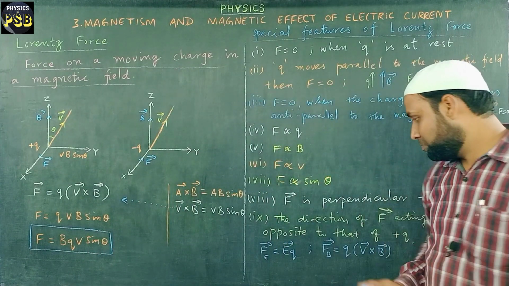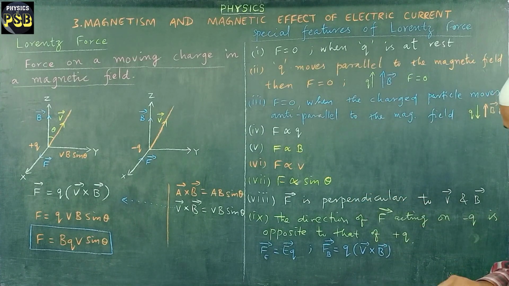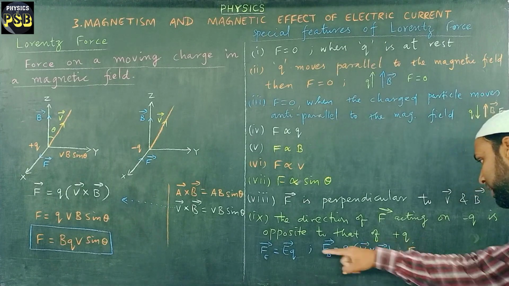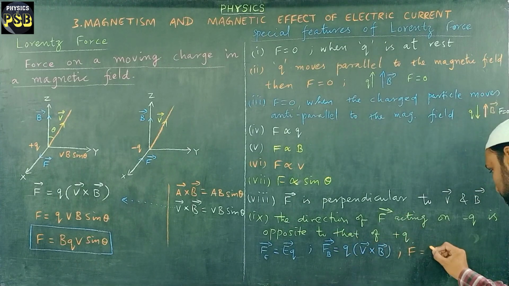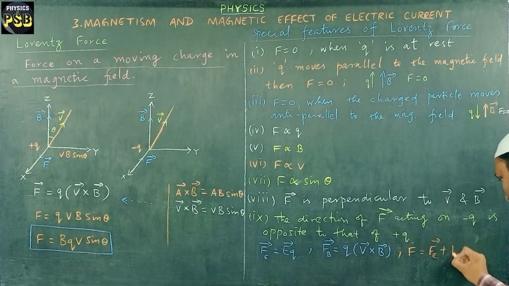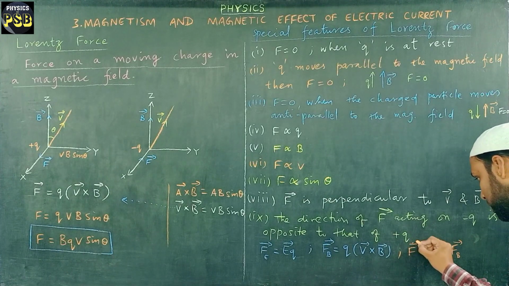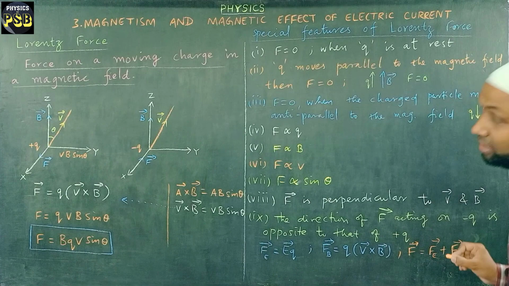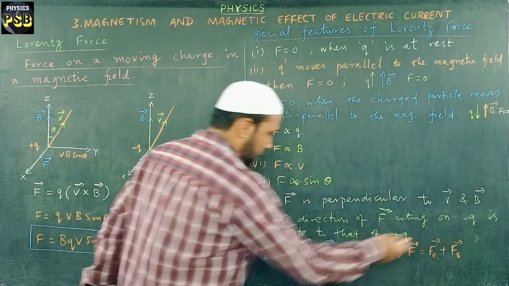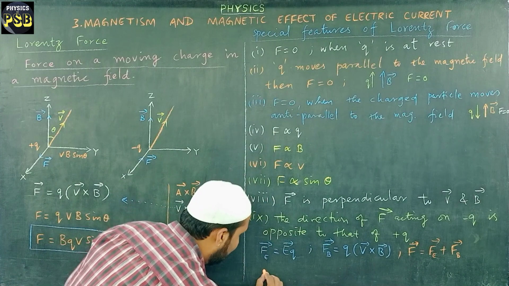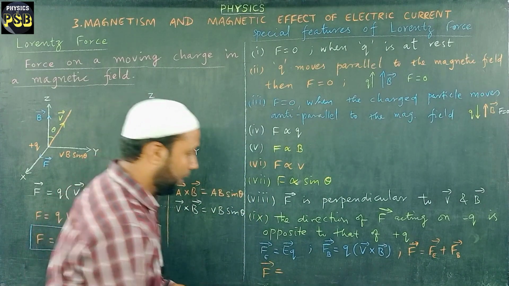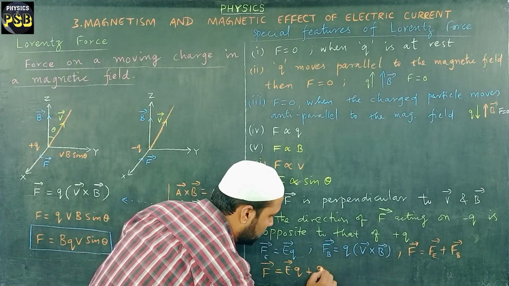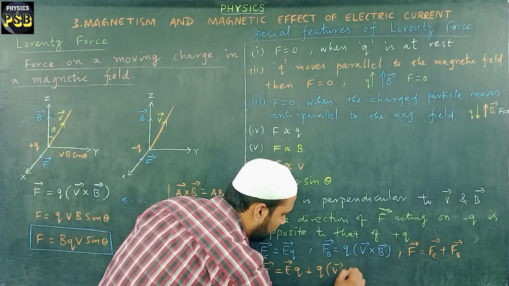Now the total force acting on the charged particle is obtained by adding these two, Fe vector and Fb vector. I represent the total force by the letter F vector. Okay, so I am going to substitute these two in this equation. I get F vector equals E vector dot Q plus Q into V vector cross B vector.